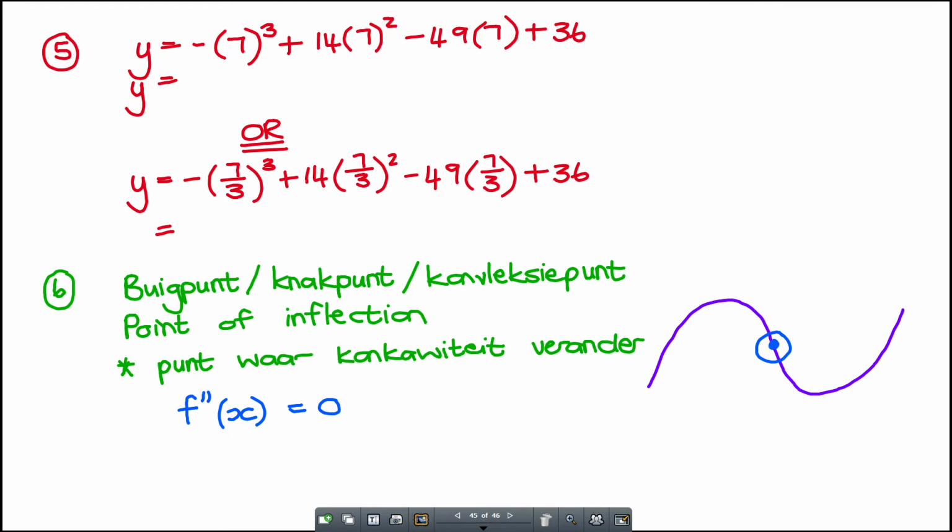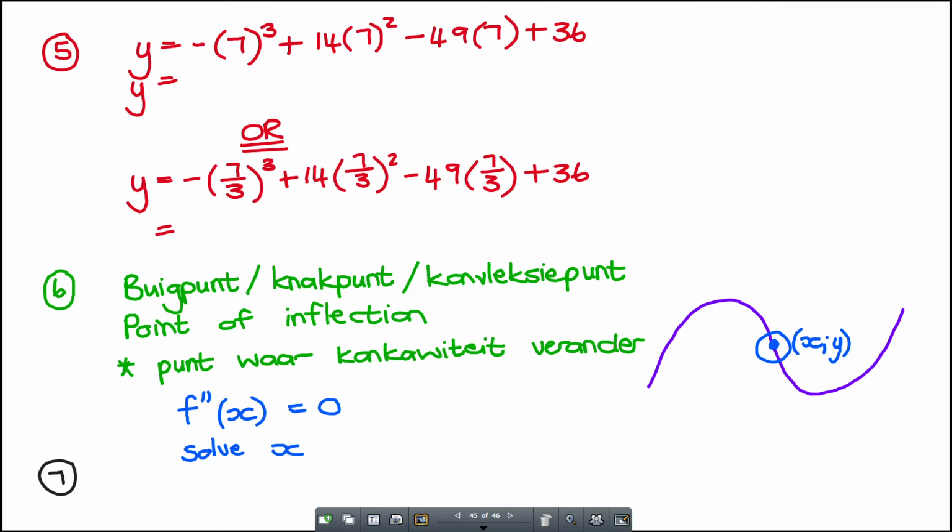Because once I have that, then I can go and solve x. Maar jy weet dat daai punt gaan mos 'n x waarde hê and it will have a y value. So to get the y value, and that is our last step, step 7. How do I get the y value? How did we get the y value in all the previous cases?